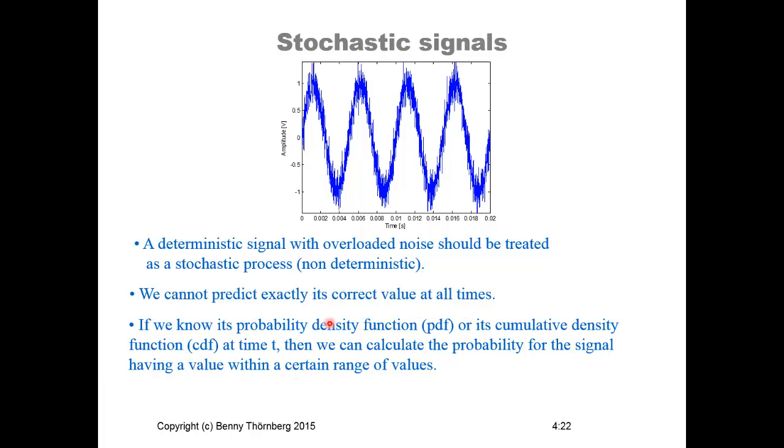So what is actually meant here is that at any time point it is not possible to determine exactly its value, but if we define a range of values, then it's possible to compute the probability of the signal to have a value within that range.